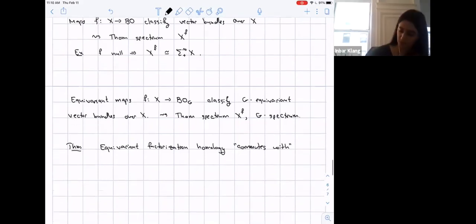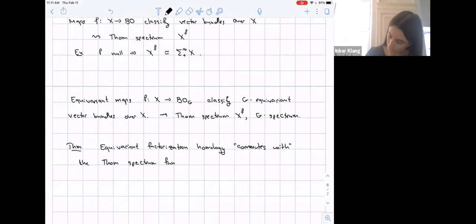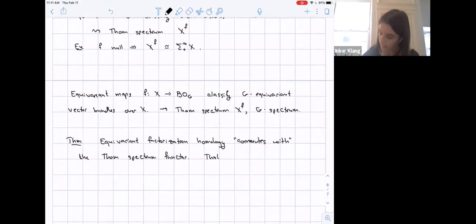I'll put it in quotes, commutes with the Thom spectrum functor. So here are a couple of things that this means.